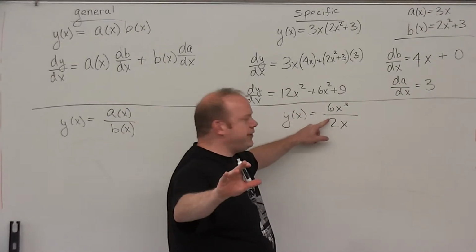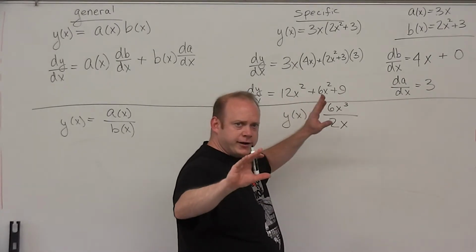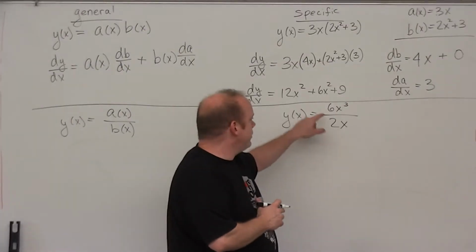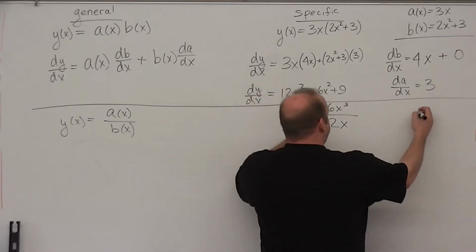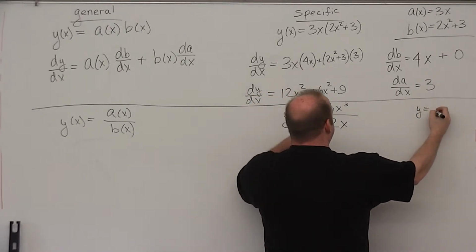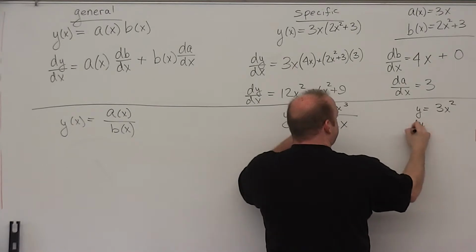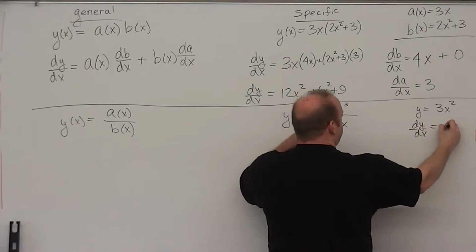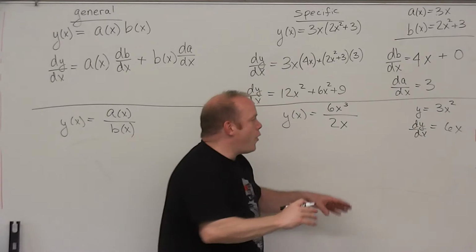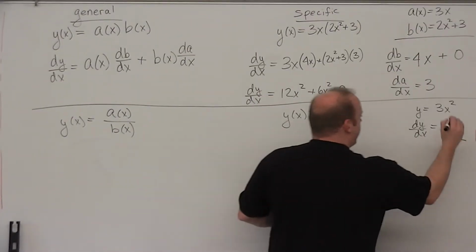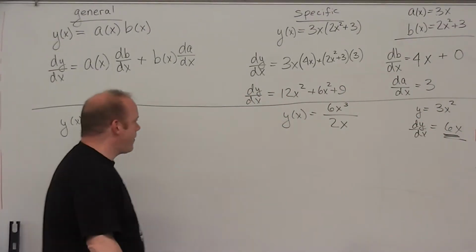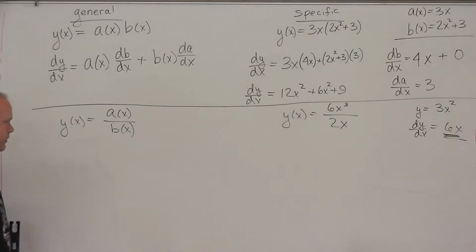Let's figure out the easy way first, just so we can see that we come up with the right answer. So if I simplify this, this would be saying y is equal to 3x squared. And I know that dy dx would equal 6x. So my answer, whatever I do, better wind up being 6x. So let's take a look.